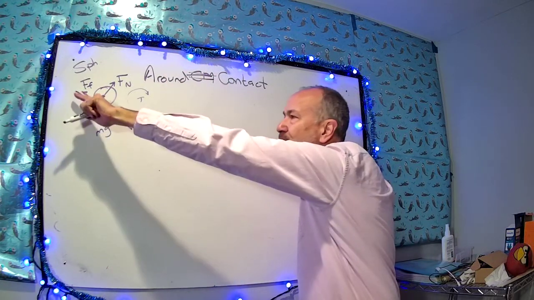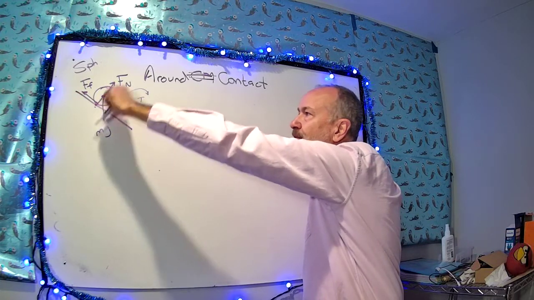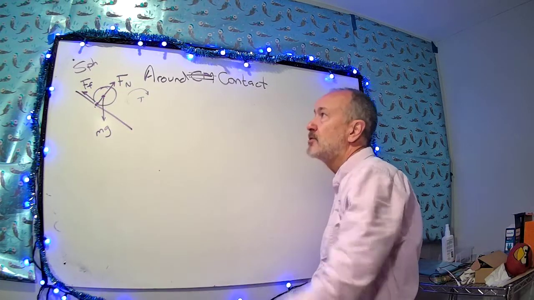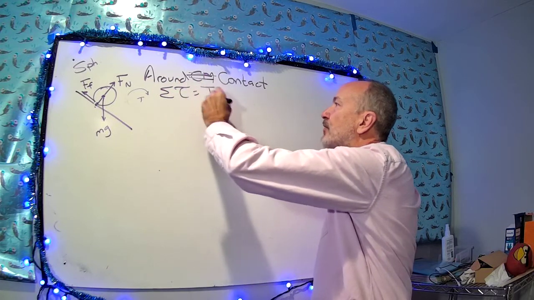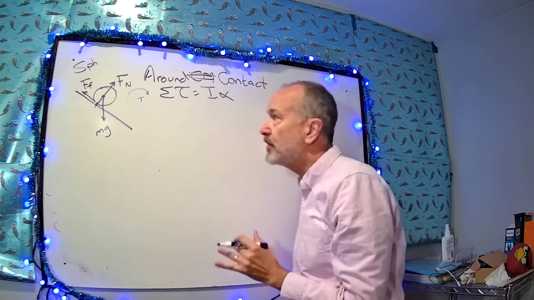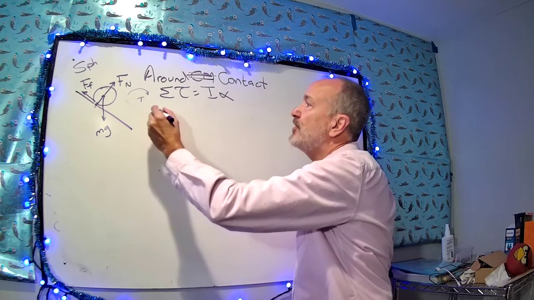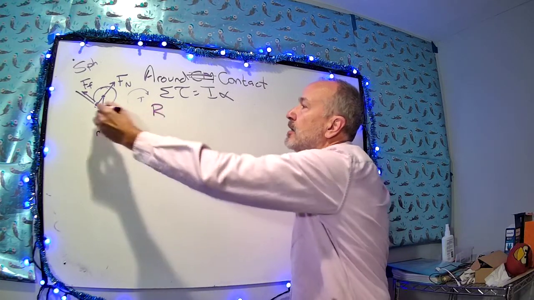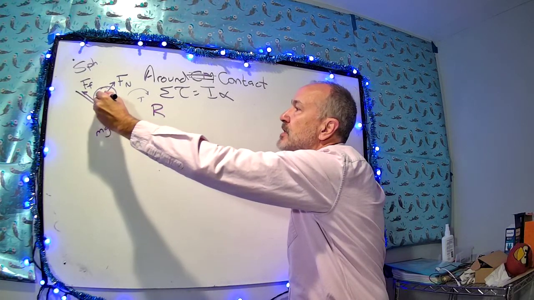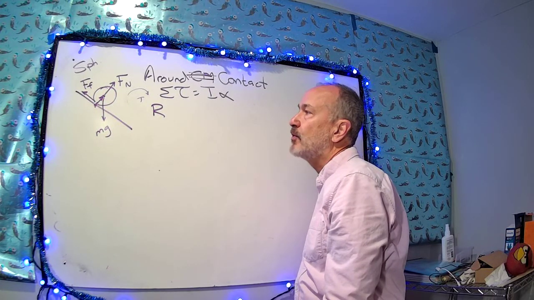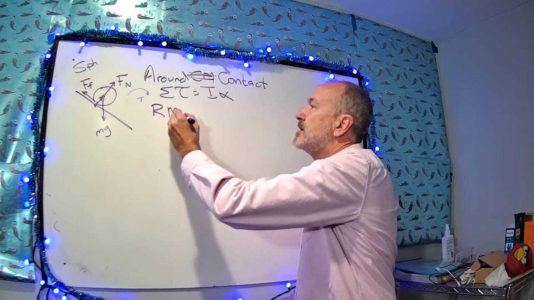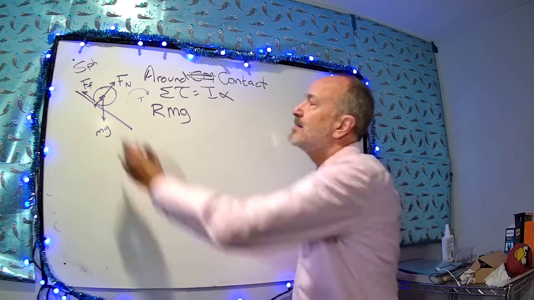So around the contact point, the force of friction goes through the contact, no torque there. Normal force goes through the contact, no torque there. So when we do our sum of torques equals I alpha, the only torque is from mg, and it is r, because this force is r away from the contact point, times mg, times this angle.